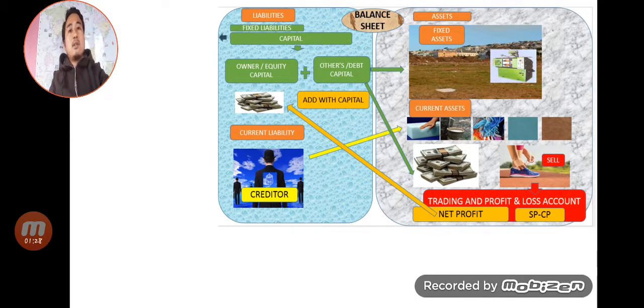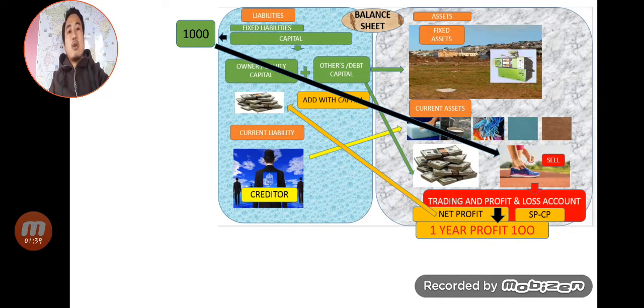Say for example, the total capital is 1000. By investing 1000 in this business, you can see the black arrow, the profit which this business is giving is 100 in the first year, 150 in the second year, 130 in the third year. So we can calculate the average profit.